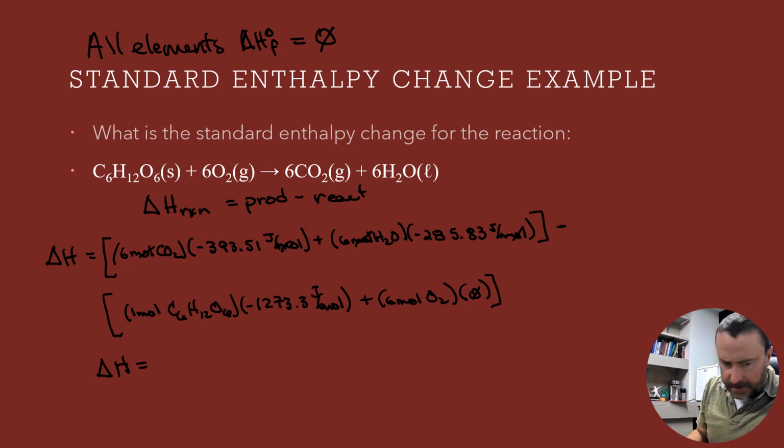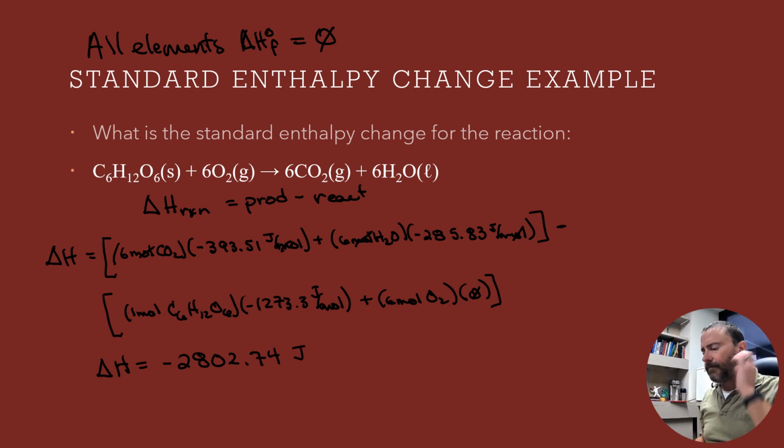Now we're going to calculate our enthalpy change by calculating everything through here, and I get this to be negative 2802.74 joules. A lot of times we want to write these as something we call a thermochemical equation.